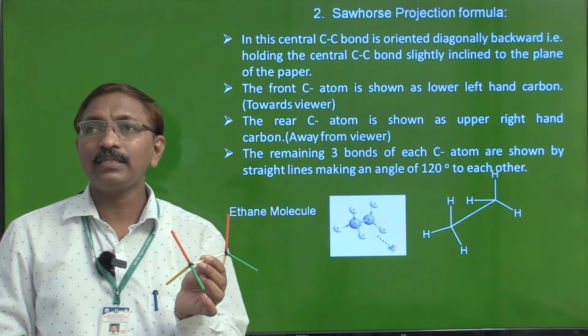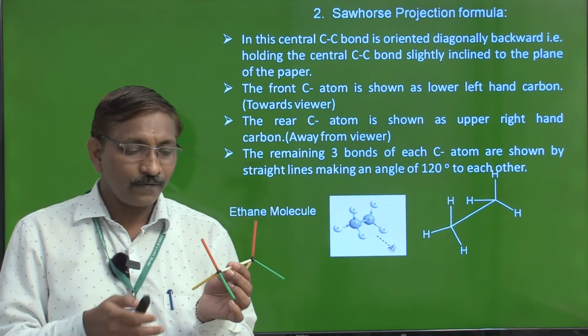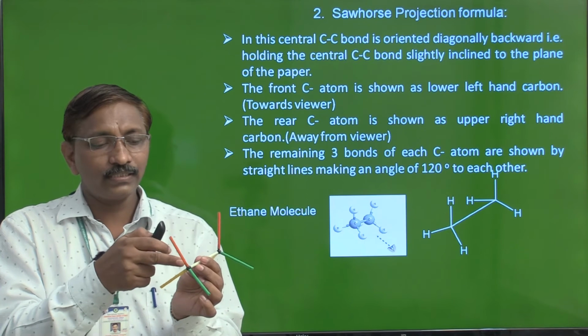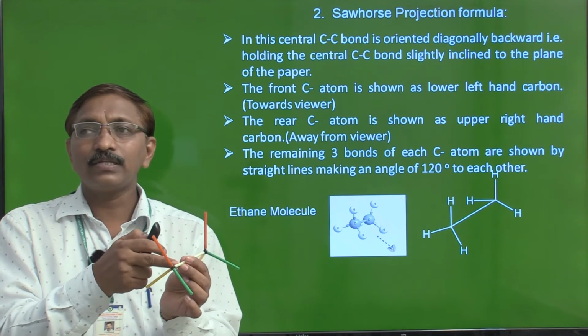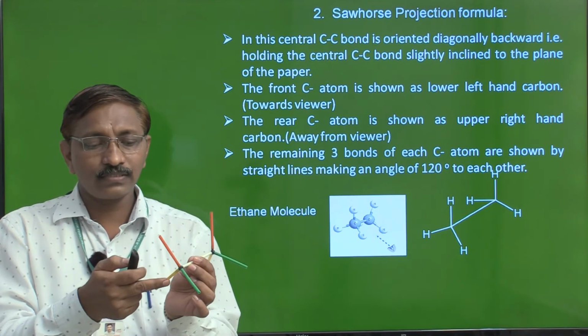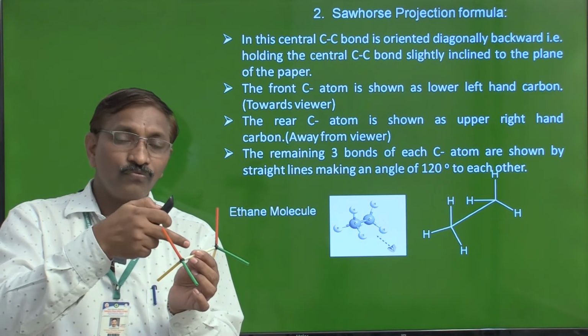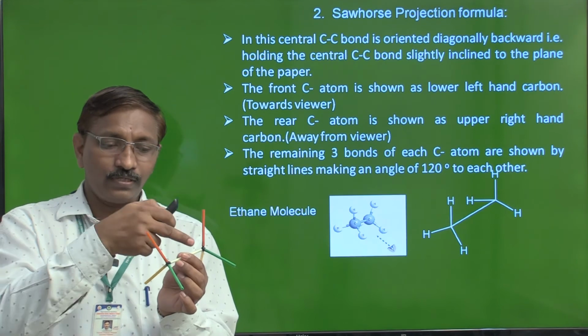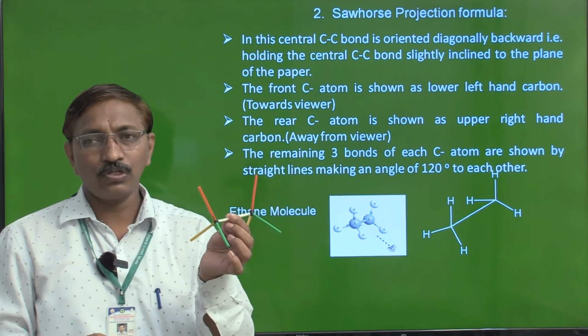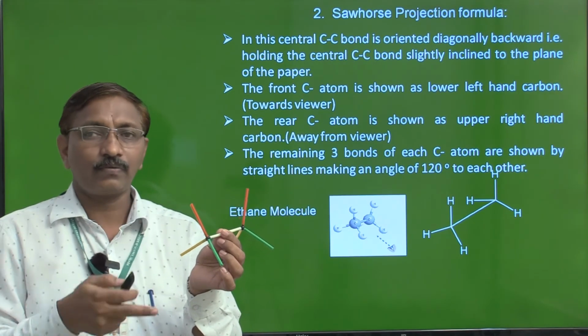If we see a simple molecule like ethane, if you observe in this case, the central carbon-carbon bond is there. These are the three hydrogen atoms on the front carbon atom, and this is the rear carbon atom from the viewer's side. So in this way, we can represent this molecule by the Sawhorse projection formula.